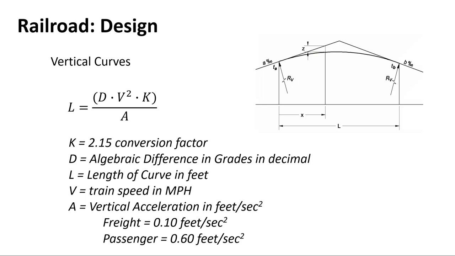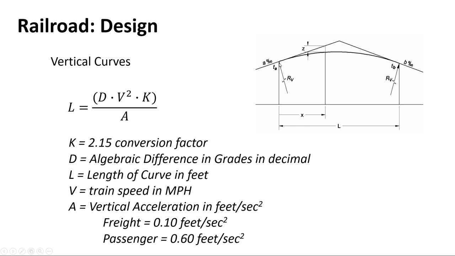Vertical curves, it's the same idea, right? You've got an incoming grade, you've got an outgoing grade for vertical curves. They're parabolic, exactly like they are in highways, right? And in highways, the way we limited curve distance or length was by sight distance, right?